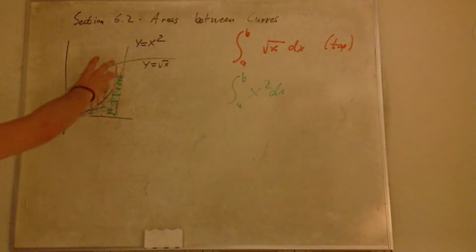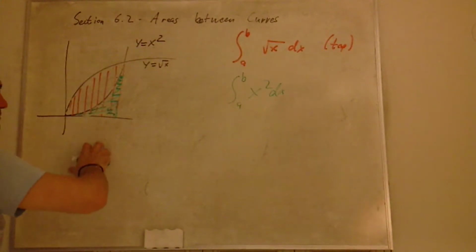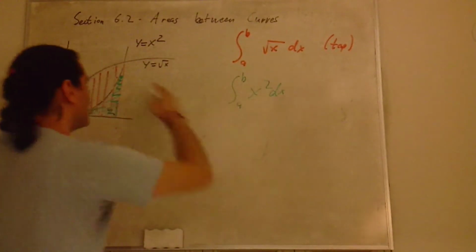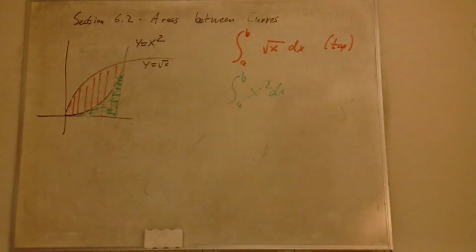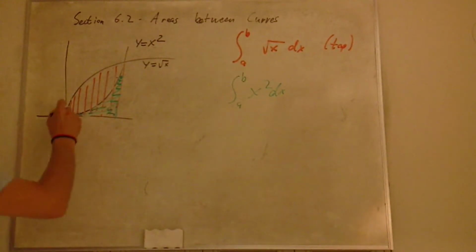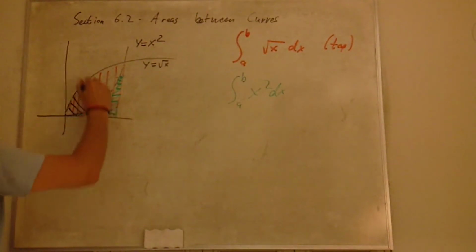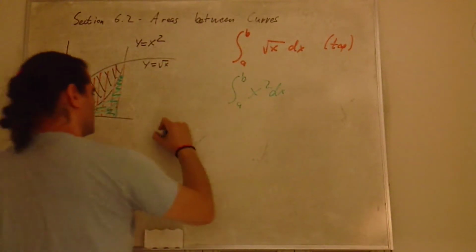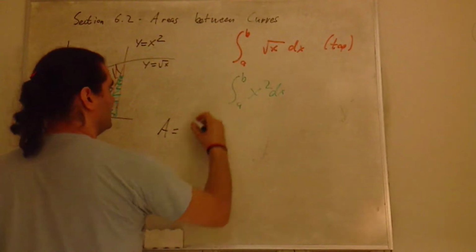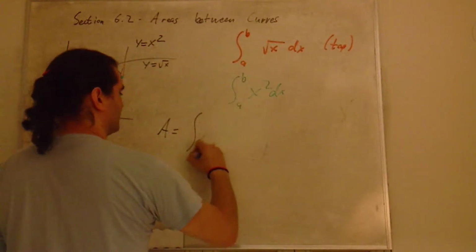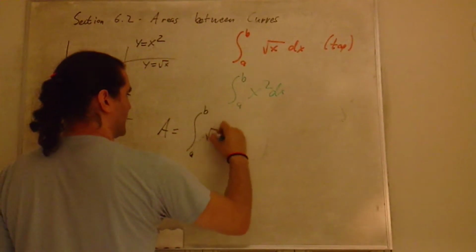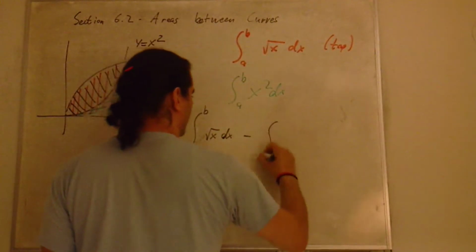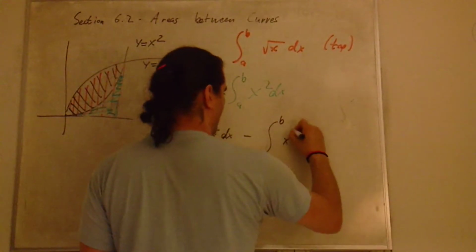So if I do all of the red and then subtract all of the green from that, I will get this black shape that I actually want. So this black shape's area is the integral from A to B of square root x dx minus the integral from A to B of x squared dx.